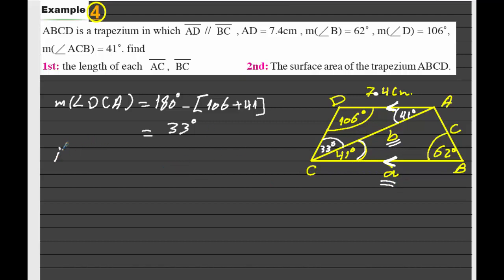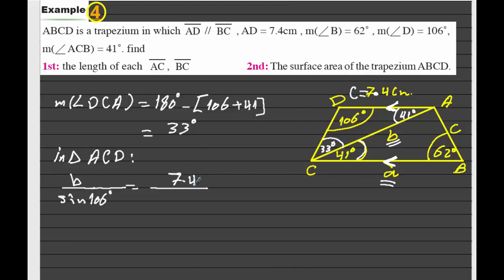So in triangle ACD, we get B over sine D, sine 106 degrees, equals C over sine C, which equals 7.4 over sine the opposite angle, sine 33 degrees.